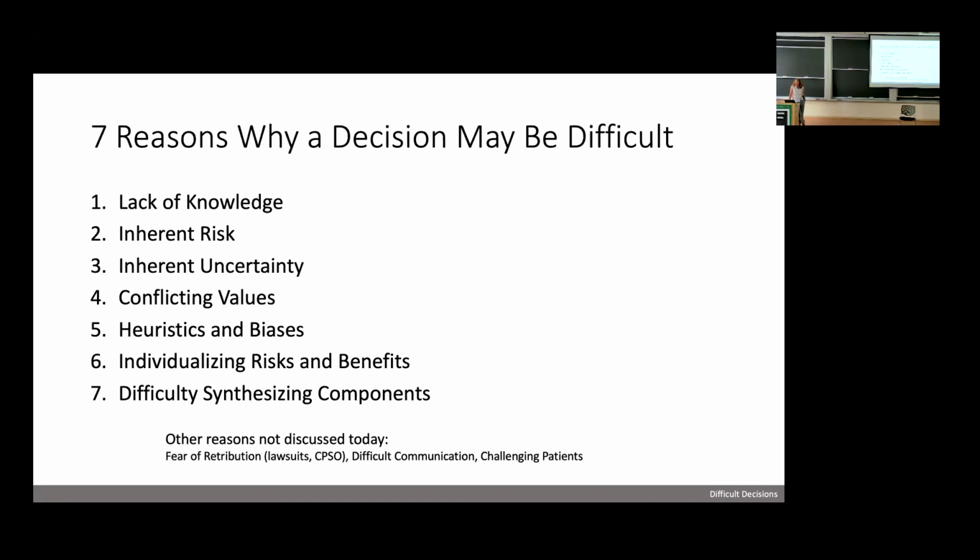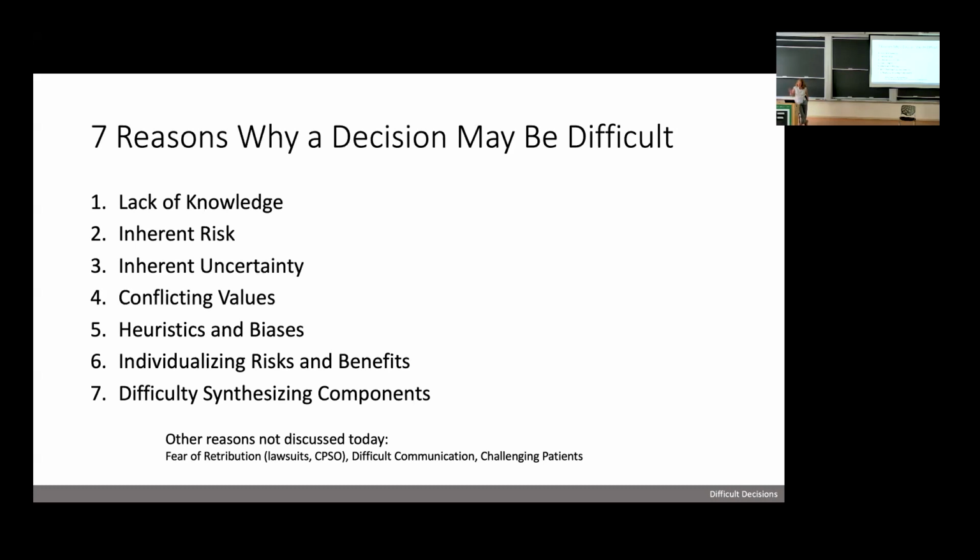There are generally seven reasons why a decision is difficult, and you actually touched on a couple of them. So first is lack of knowledge, probably you hadn't considered it, so you hadn't read up on it, so you didn't really know about it. I'm sure there was some consideration of risk and uncertainty around the outcomes of your different options.